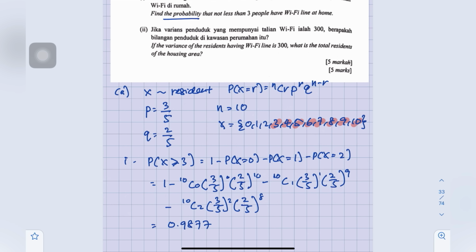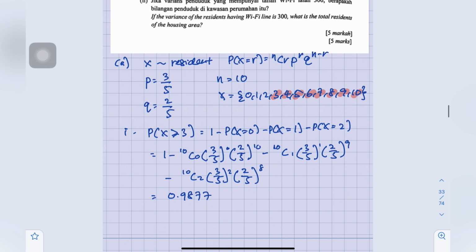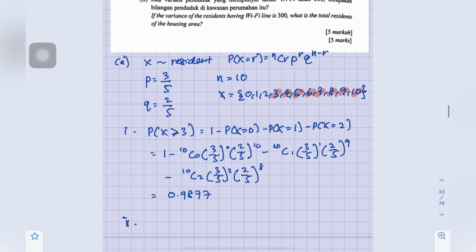Roman 2, if the variance of the residents having Wi-Fi line is 300, what is the total residents of the housing area? Given the variance equals 300. By using the formula of the standard deviation of binomial, if I'm not mistaken formula number 25, standard deviation is the square root of npq.